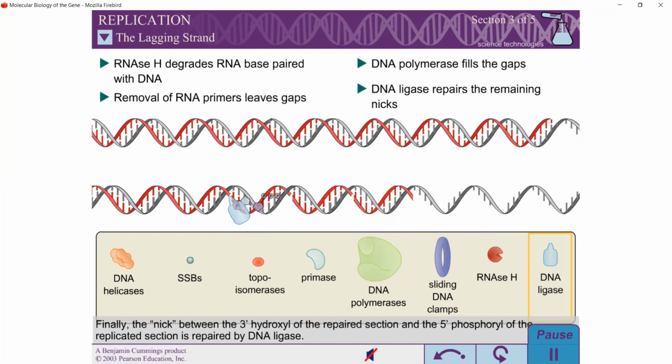Here comes DNA ligase. It uses high energy ATP to create a phosphodiester bond between an adjacent 5' phosphate and 3' OH. So you see, ligase is coming, it is using ATP and it is sealing the gap between the 5' phosphate and the 3' OH.